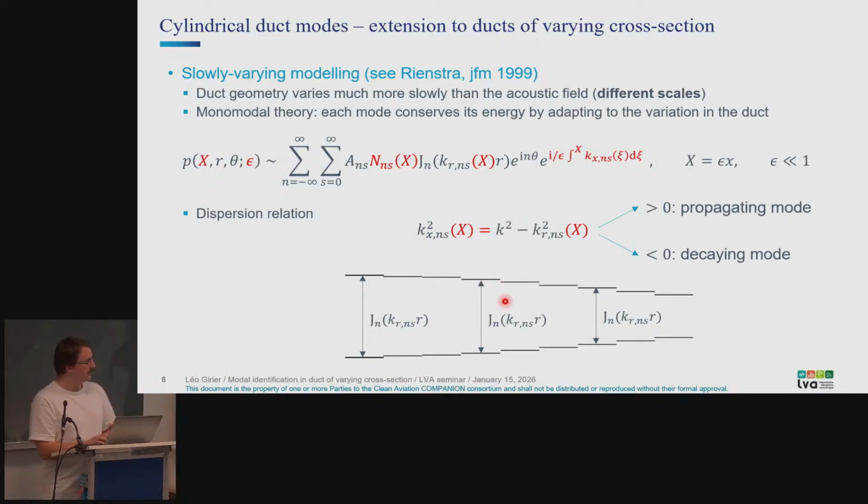In this case, it will be totally reflected back, because in this monomodal theory the mode conserves its energy. Since the energy is no longer able to propagate, it has to go somewhere, so it goes back. You will have a standing wave pattern on the left side and a decaying mode on the right side after the transition.